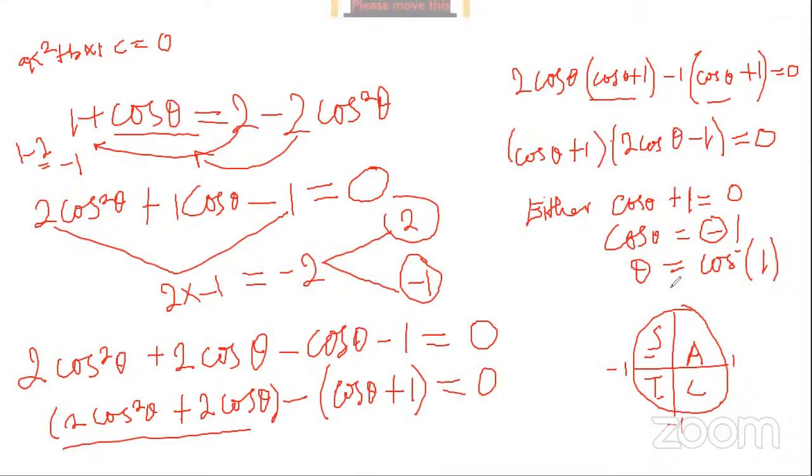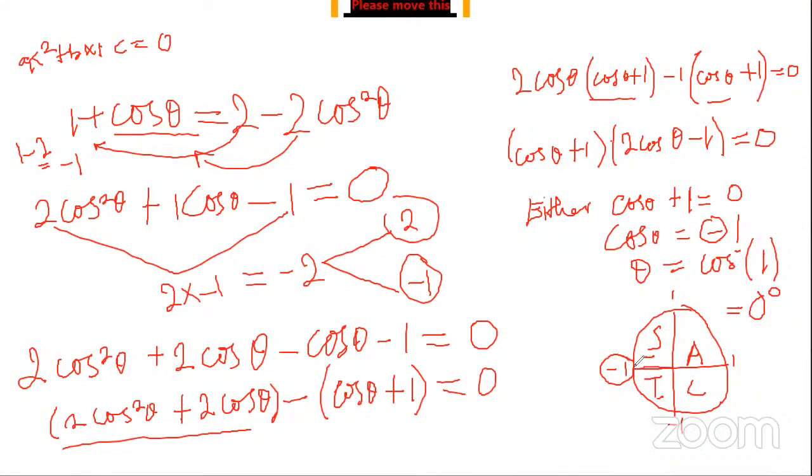So when you substitute this directly in a calculator, it will give you 180. But when we take the cos inverse of 1, those with calculators, which value do you get? Zero. Okay, 0 degrees.